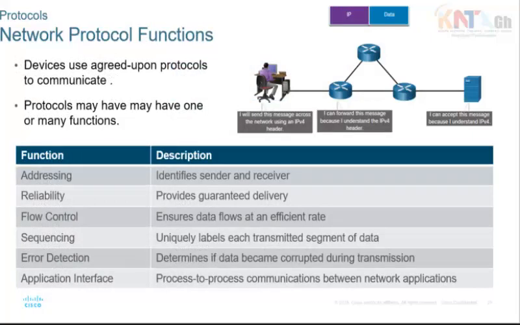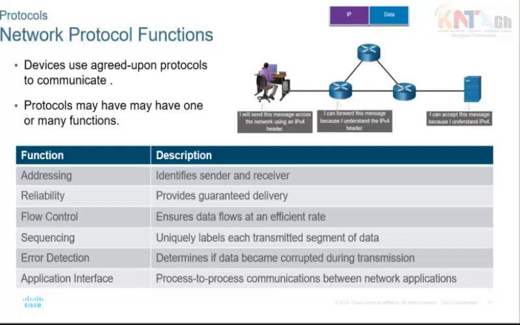What are the functions of network protocols? Here, devices use agreed upon rules to communicate. So protocols may have one or many functions. The first function of protocol is addressing.